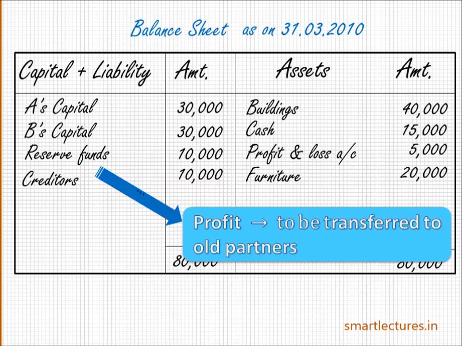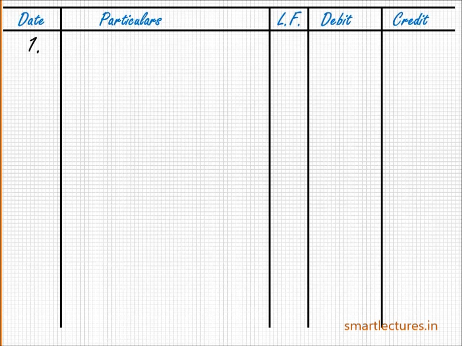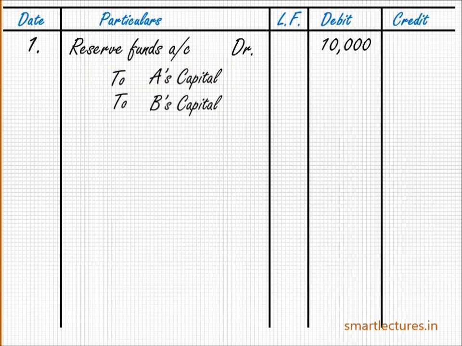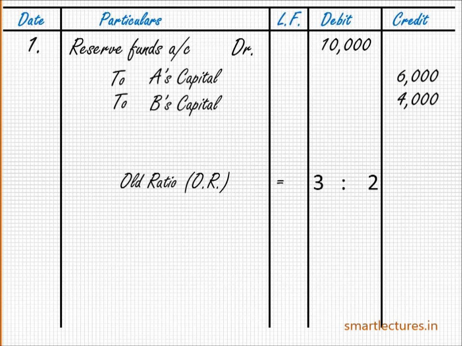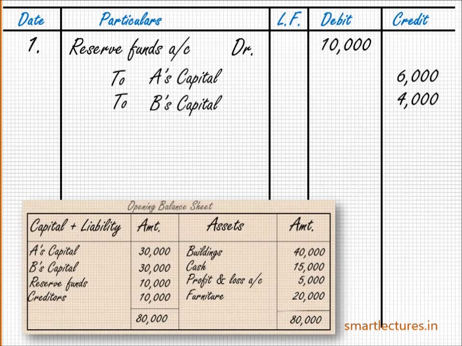So the journal entry will be reserve fund account debit rupees 10,000 to A's capital, to B's capital, and the amounts will be 10,000, 6,000, 4,000. This profit has been distributed in the old ratio. One thing more, the reserve fund is on the liability side.